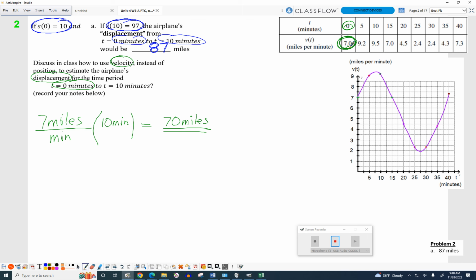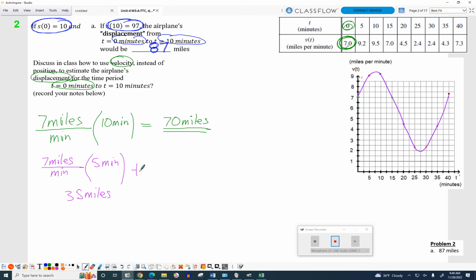So maybe what I do instead is this. I say, let's go 7 miles per minute. Let's assume that the plane only has that velocity for the first 5 minutes of time. And then, so that would be a total of 35 miles in those 5 minutes.